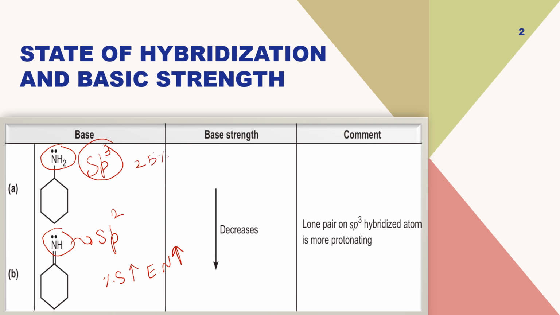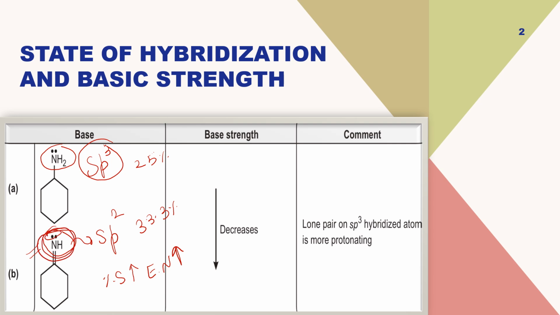In sp2 hybridization, the percentage of s character is 33.33%. So we can say in compound B, the s character in the nitrogen atom is more than A. That's why the nitrogen atom of B has more electronegativity than A.